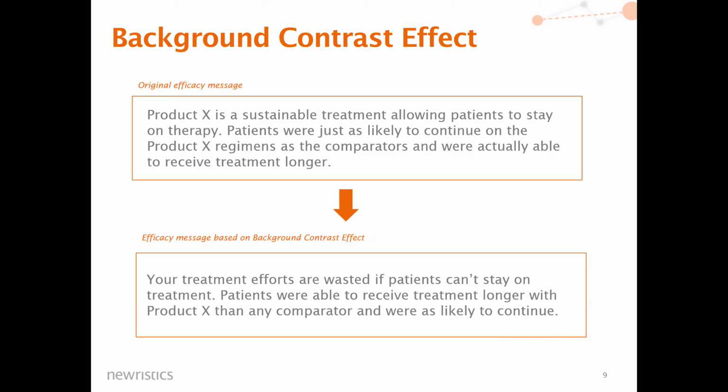That's really the most important piece of communication, because the other claim is a parity claim, which is they were able to continue treatment as well or as likely as the comparator. So you want to emphasize where you could do better than the comparator, and that's the most important thing to communicate. But using background contrast effect in clever ways, it can change the impact of what you're trying to say and make it sound more compelling and cut through to the customer and nudge them towards your brand.